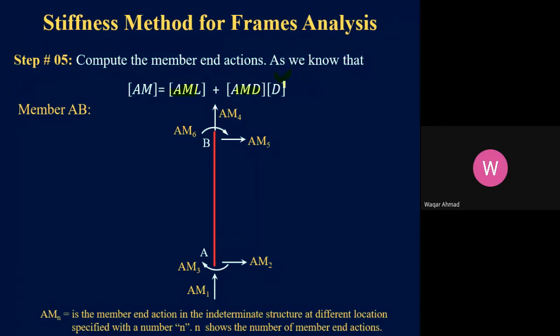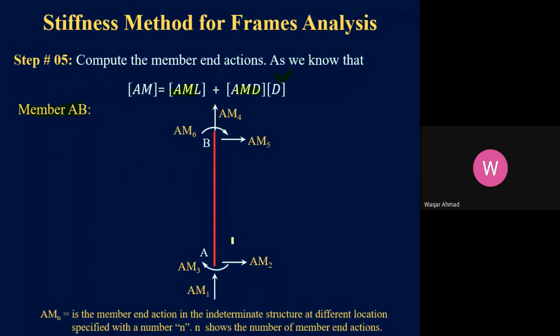You know very well how we can compute the AML and AMD matrices from your beam analysis, as we discussed this quite in detail there. But let's repeat it for frames also. Now I'm taking my first member AB, and first I'm specifying the member end actions. By specifying, I mean that I am fixing the directions and locations of my member end actions.